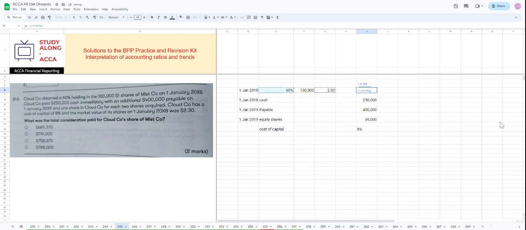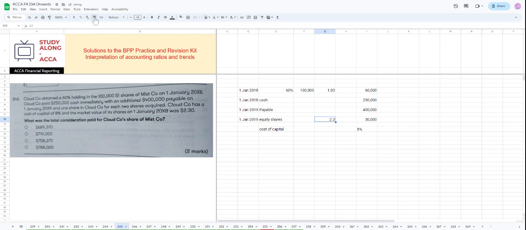It is the 130,000 that is the worth of this. Wait a second. This market value of its shares, it looks like this 2.30 is the market value of this company's share that is acquiring.